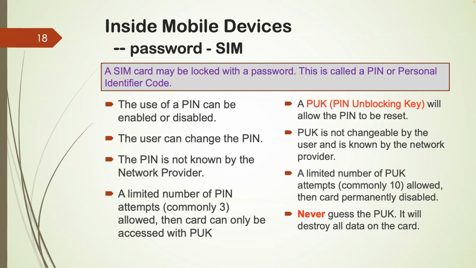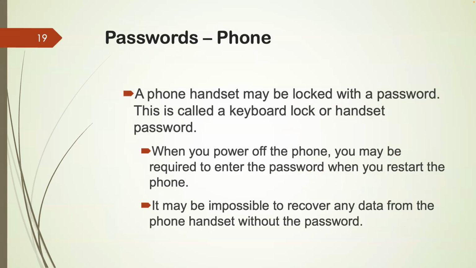Either you can guess the PIN code in 3 tries and hope to unlock the SIM, or you can try to find the packaging in which the SIM card came, and see if you can find the PUC number, like at the suspect's home or office, or on his desk, and so on.